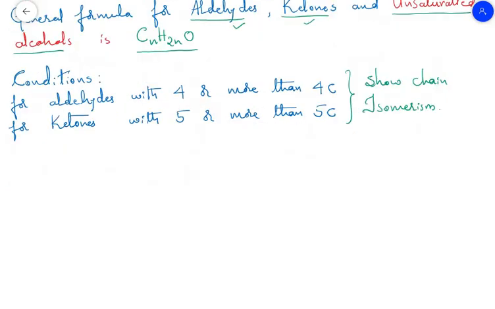The condition for aldehydes and ketones to show chain isomerism is that aldehydes containing 4 carbon atoms or more than 4 carbon atoms will show chain isomerism, and ketones should have either 5 carbon atoms or more than 5 carbon atoms, then only chain isomerism is possible.